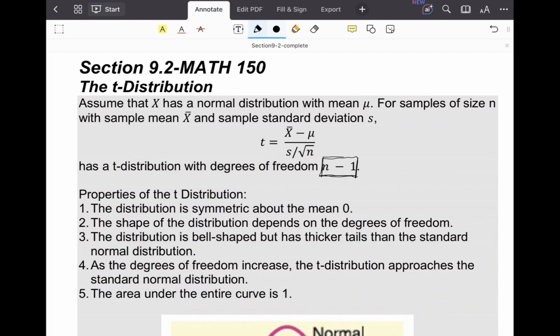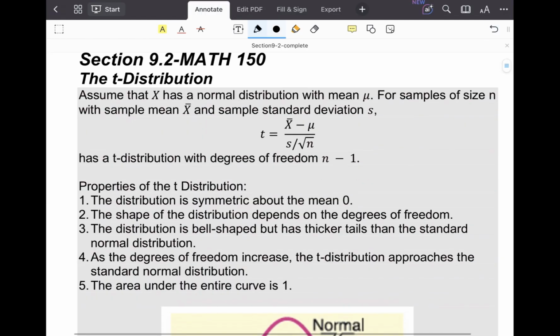Now, the degrees of freedom are a measure that control the shape of the t-distribution, and the higher the value of the degrees of freedom, the closer the t-distribution gets to the normal distribution.